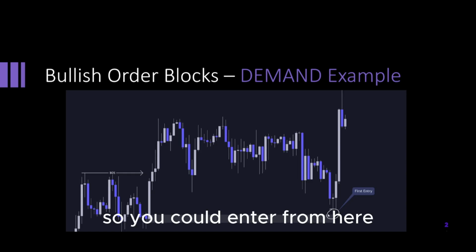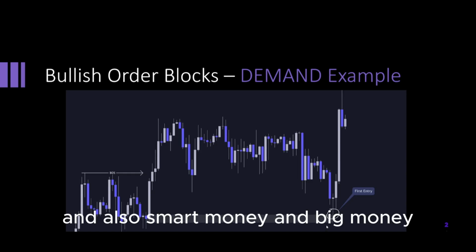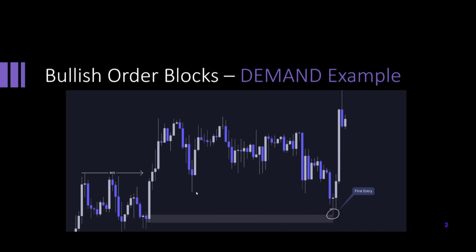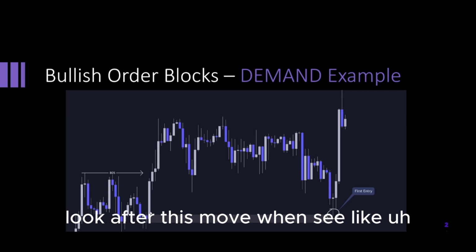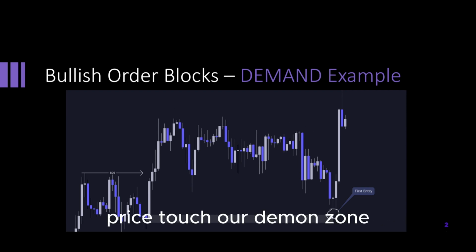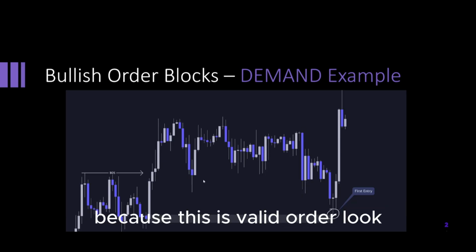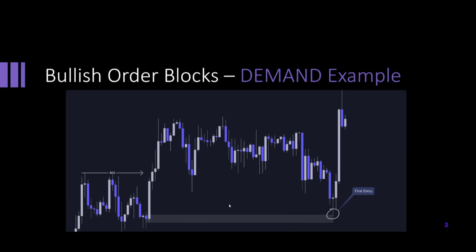So you could enter from here, and smart money, big money traders, professionals and well-informed traders also enter from this market. After this move, when price touched our demand zone, look what happened: another rapid move. Why? Because this is a valid order block.